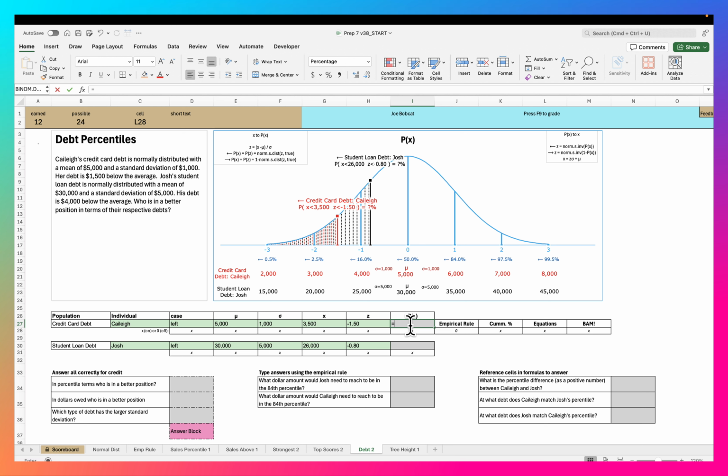Probability is equal to norm.s.dist z, true, equals norm.s.dist z, true.